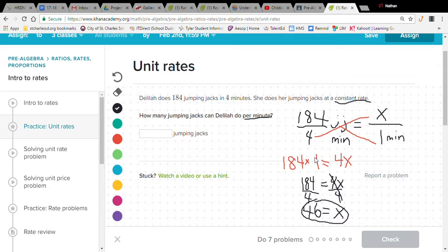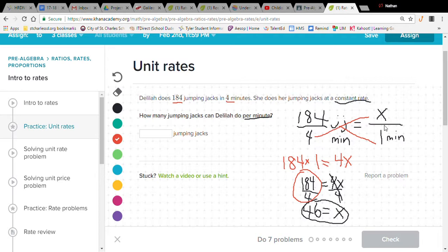Some of you might recognize this right away, but for a rate problem, when you're solving for a unit rate, when it says per minute or miles per hour or something like that, all you need to do is divide this number, 184, by this number. That'll tell you how many jumping jacks she does per minute. And we essentially did that over here, 184 divided by 4, in our last step.